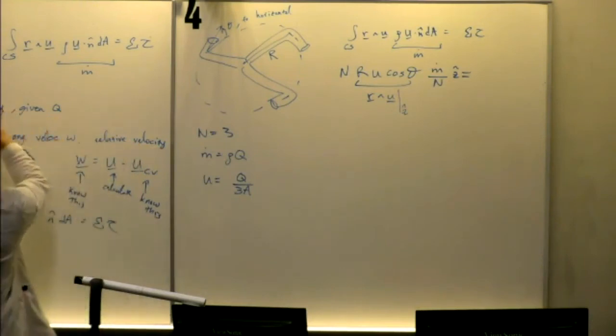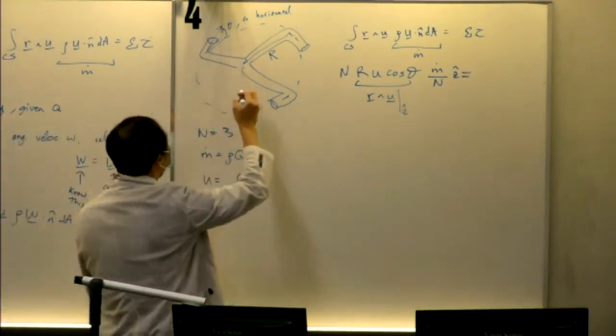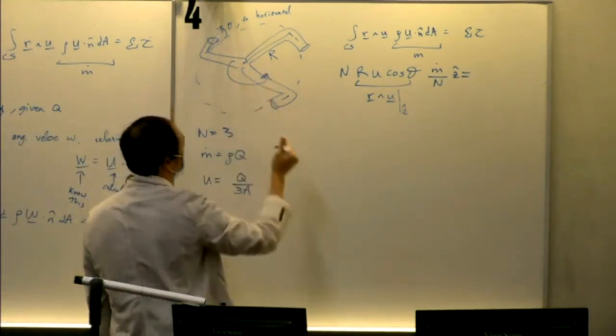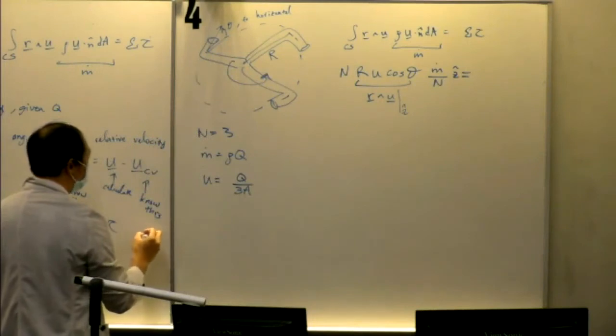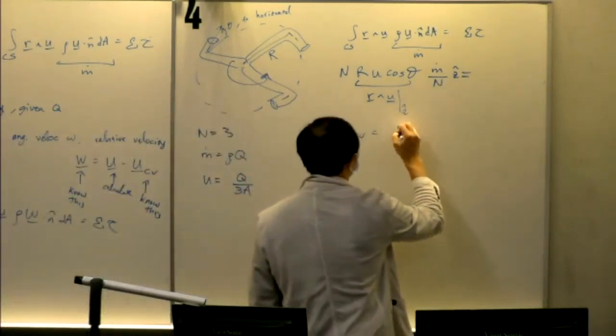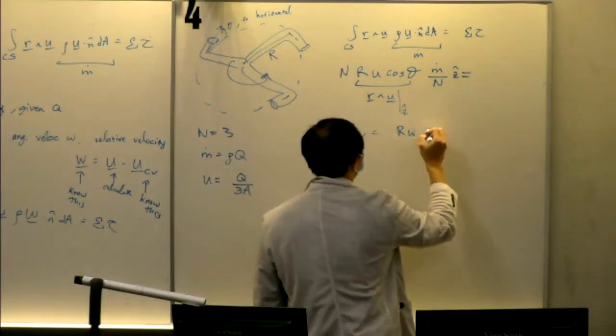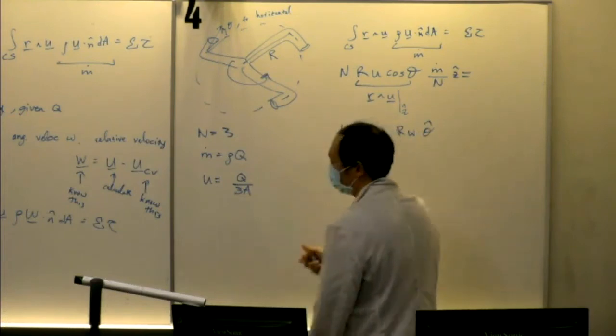Unfortunately, the way I drew it on the first board is the opposite of the way it's going on the second board. So if we do it like the problem is going, it's going to be traveling this way. That's actually positive. So in that case, UCV is going to be r times omega times theta hat. Yeah, that's a velocity.